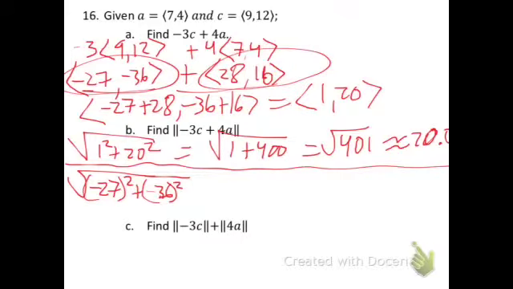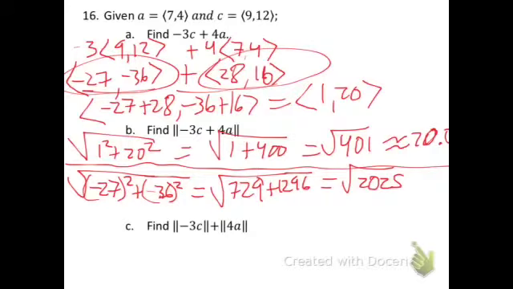This is going to be huge. 27 squared is 729, and 36 squared is 1296. If you combine those together, you're looking at the square root of 2025, which, when you square root that, is actually equal to 45. Nice even number, which is convenient, I guess.